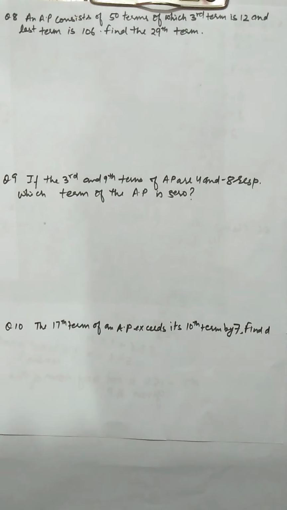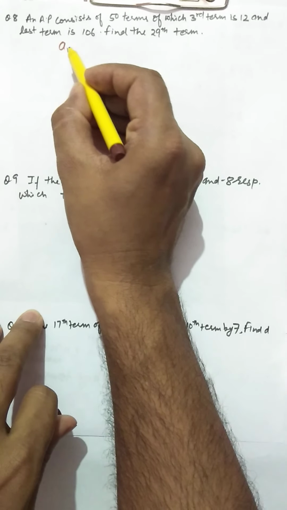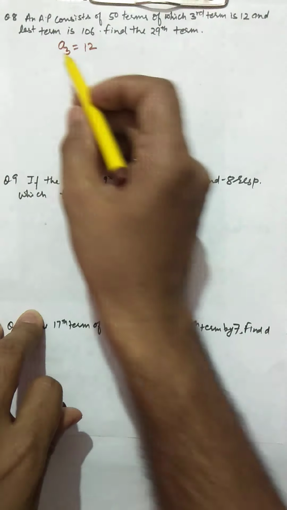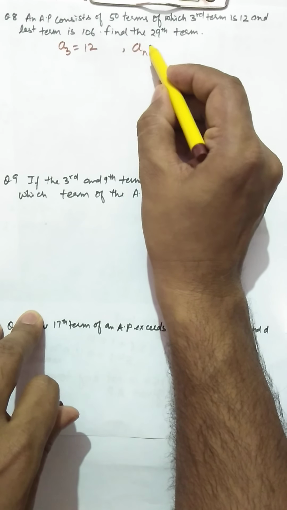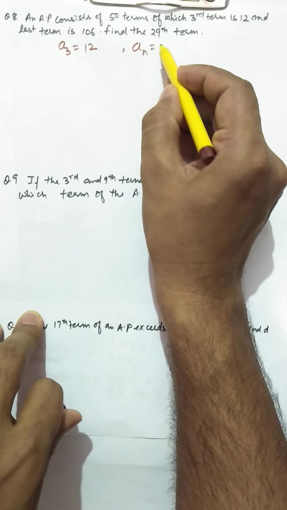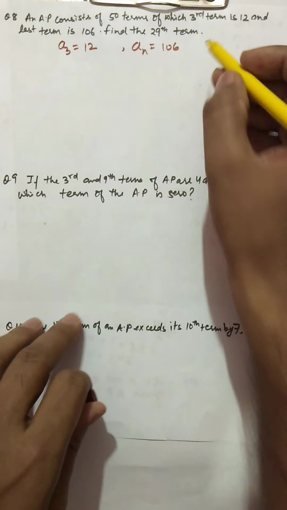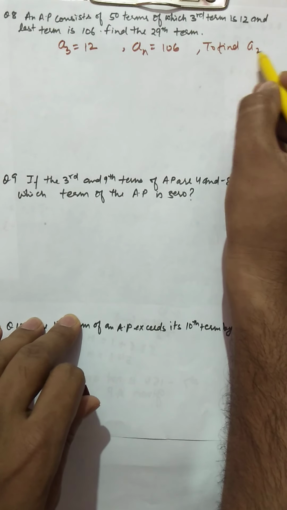Now question number 8, you see an AP consists of 50 terms, of which third term is 12, means we'll write given that A3 is 12, and last term is 106. Last term means you don't know what is the value of n, so you let it as an. So an is 106, and this is given, and you have to find A29.